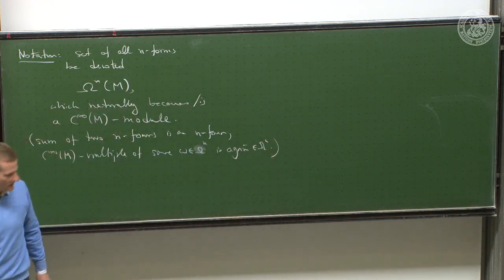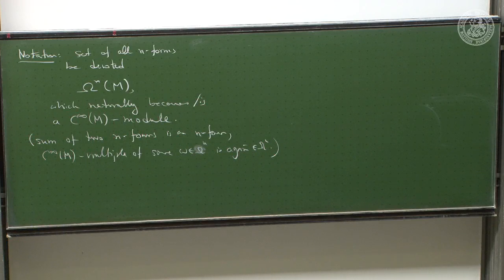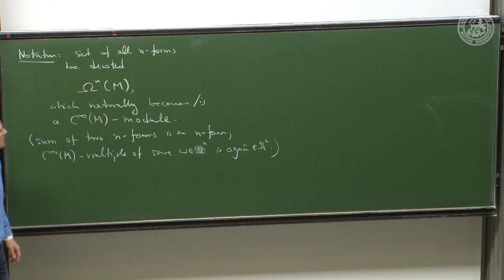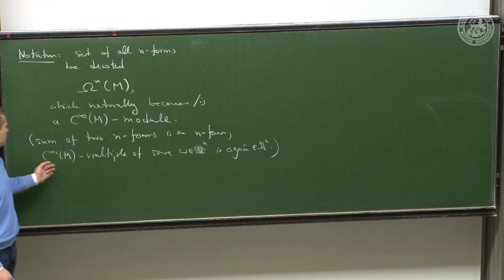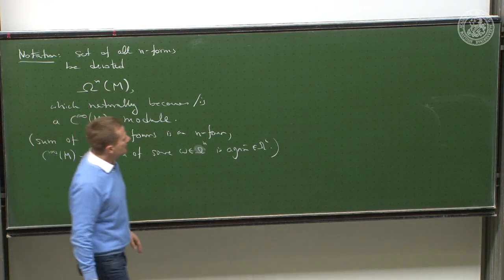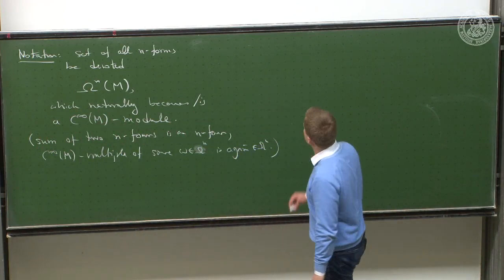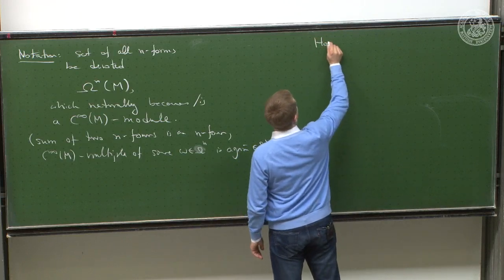And so this is a C infinity(M)-submodule. So that means this is closed under the inherited addition of tensors and the inherited C infinity(M) scalar multiplication. But it is not closed under the tensor product.